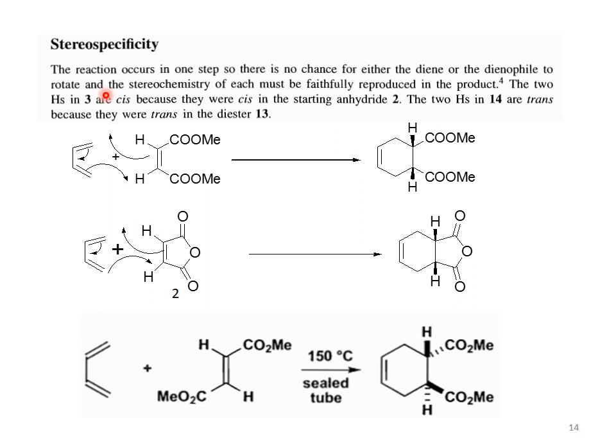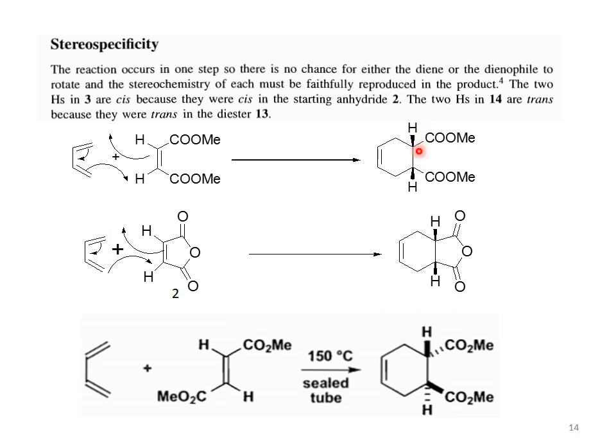See this ester, it's a dienophile. The double bond is attached with electron withdrawing groups. Two electron withdrawing groups are attached with the double bond. So this dienophile is more reactive than that dienophile in which the double bond is attached with one electron withdrawing group.